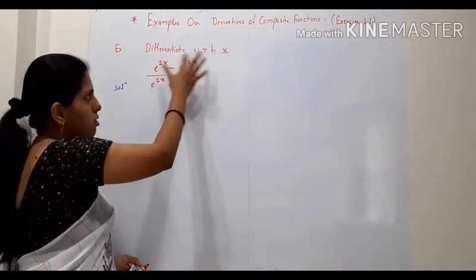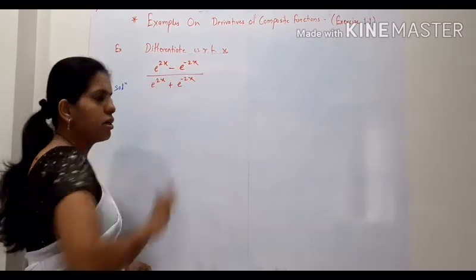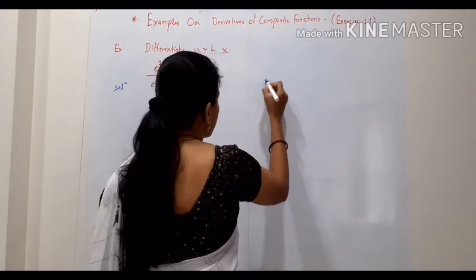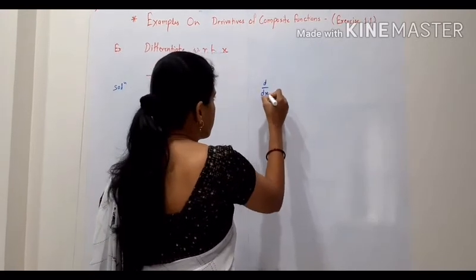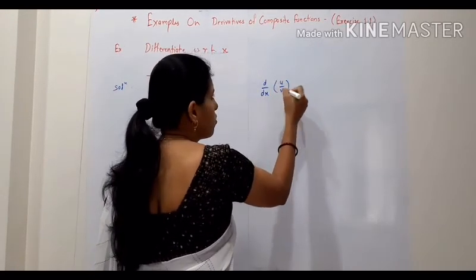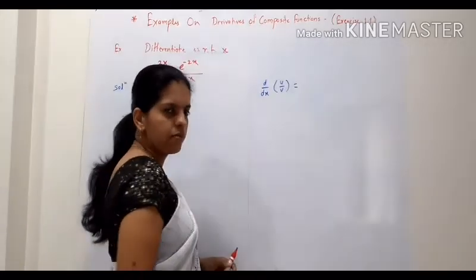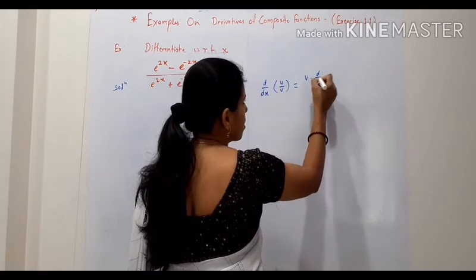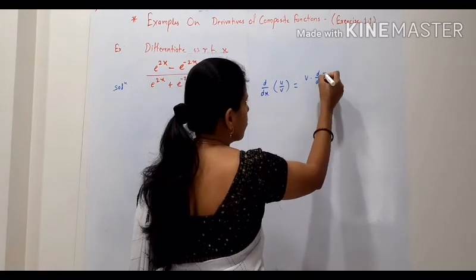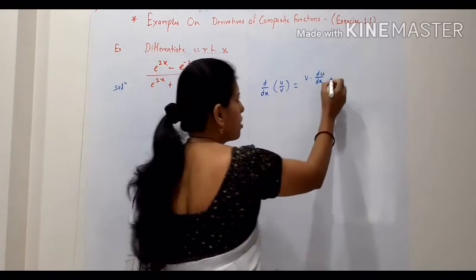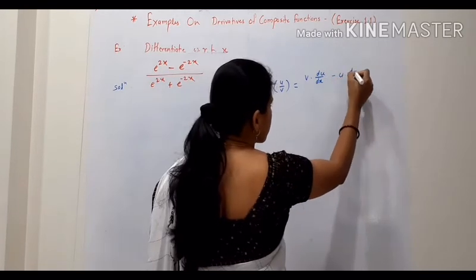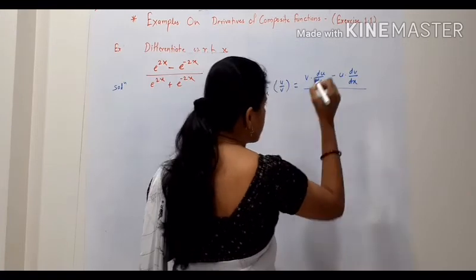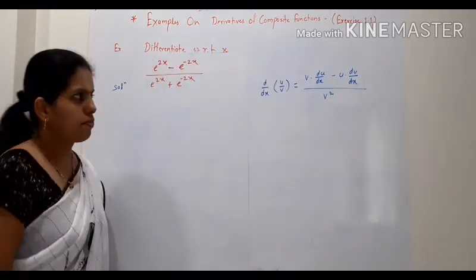Let this numerator be u and the denominator be v. Just recall the quotient rule of the derivative. That is, whenever the division of two functions is given, u upon v, then its derivative is given by v into derivative of u minus u into derivative of v, divided by v square.